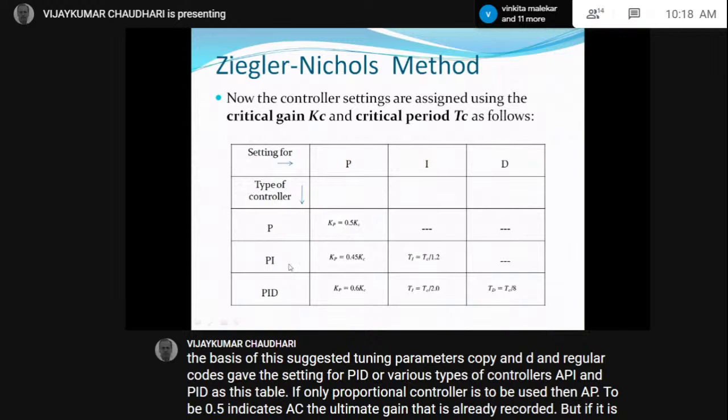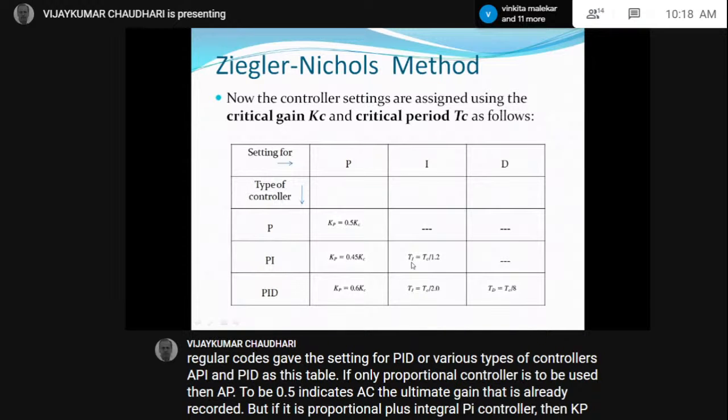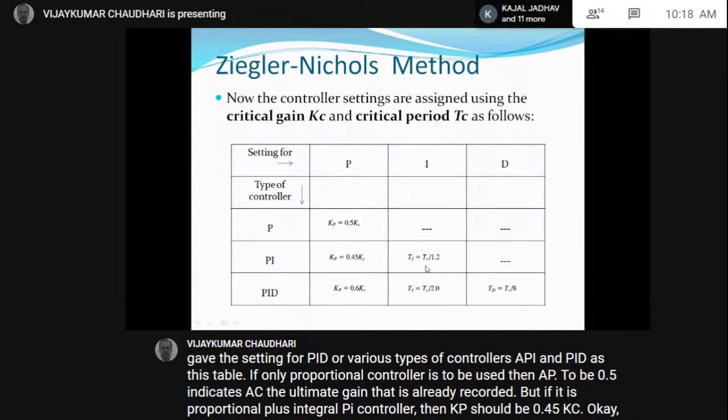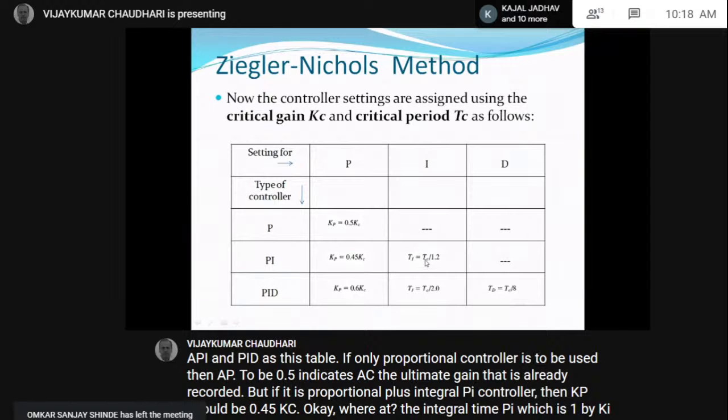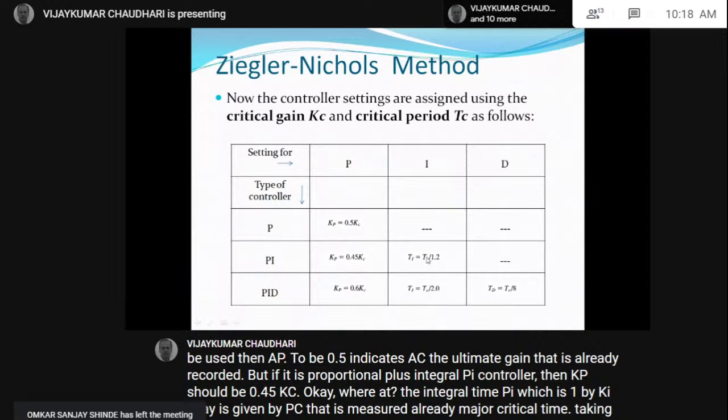Whereas the integral time Ti, which is 1 by Ki, is given by the measured critical period Tc divided by 1.2.